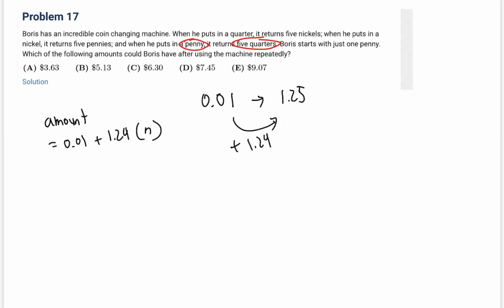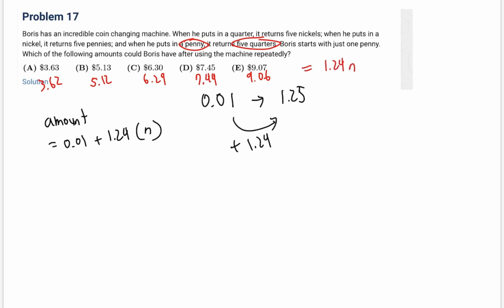So now we should subtract 0.01 from the answer choices. If we do that, it's 3.62, 5.12, 6.29, 7.44, and 9.06. One of these will have to be 1.24n.